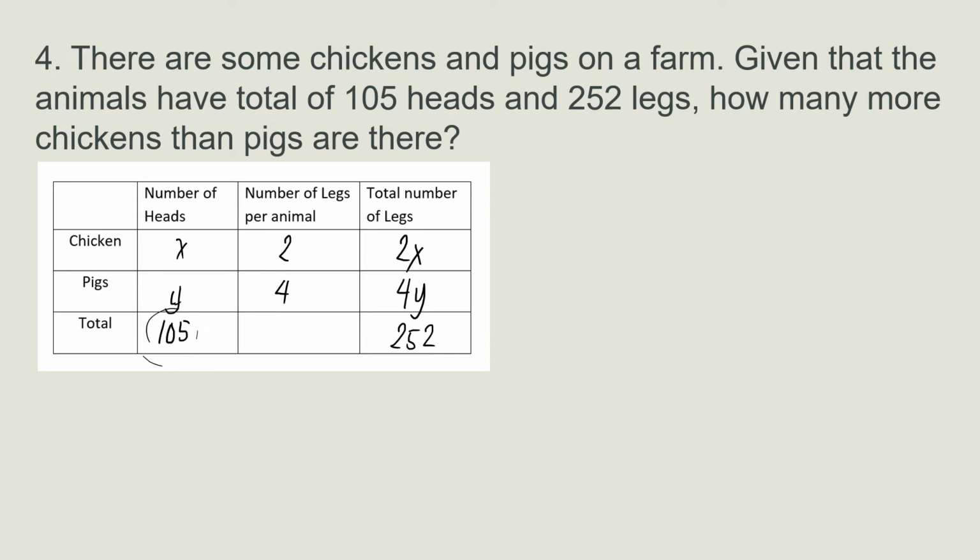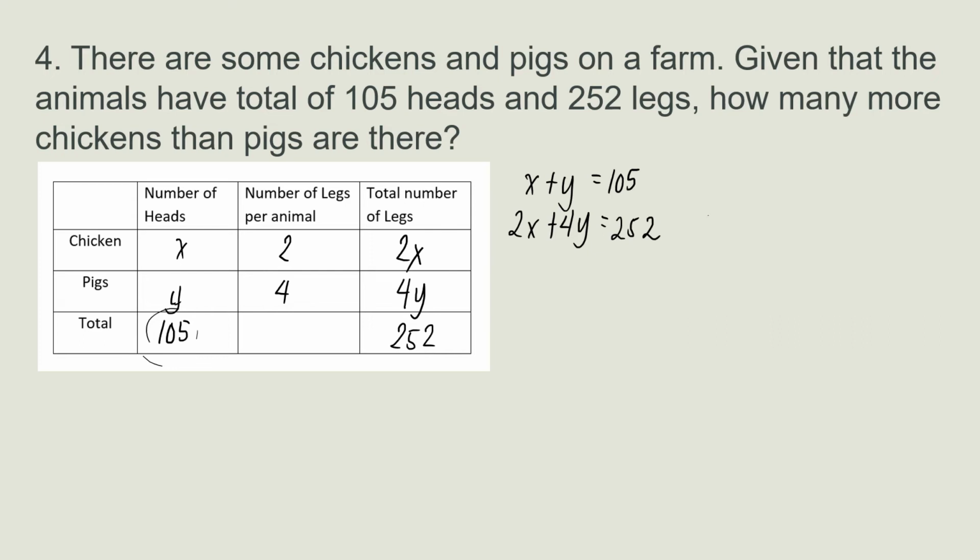So your first equation, x plus y is equal to 105, and then 2x plus 4y is equal to 252. I will again use elimination here.